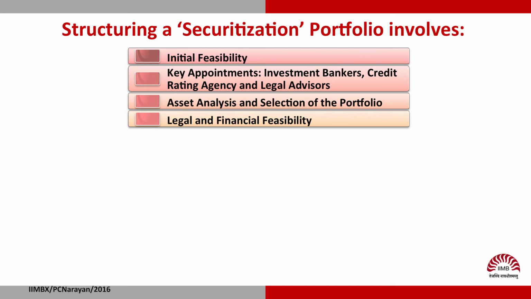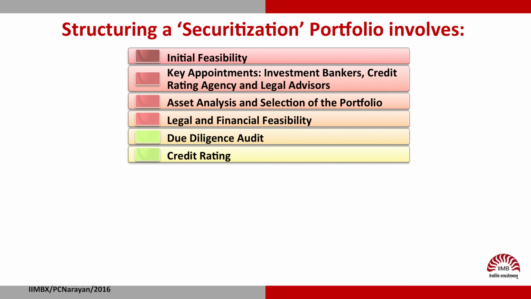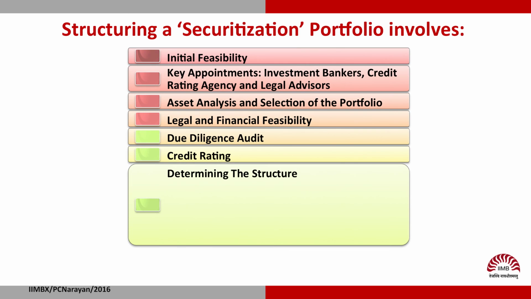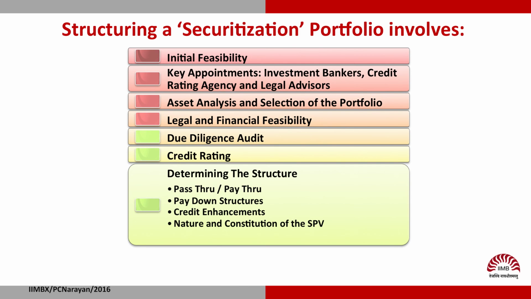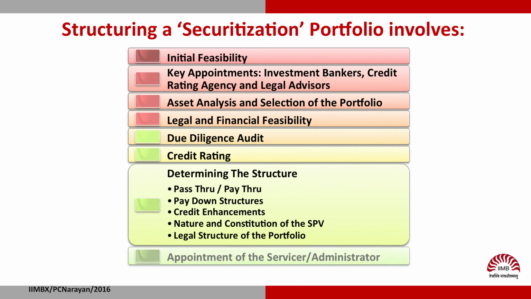Next, legal and financial feasibility, due diligence audit, credit rating, determining the structure, pass-through or pay-through, pay-down structures, credit enhancements, nature and constitution of the SPV, the legal structure of the portfolio, appointment of the servicer or the administrator, and so on. We will look at those aspects in great detail in the sessions to follow.